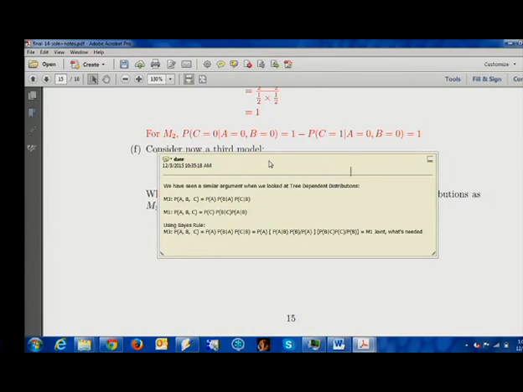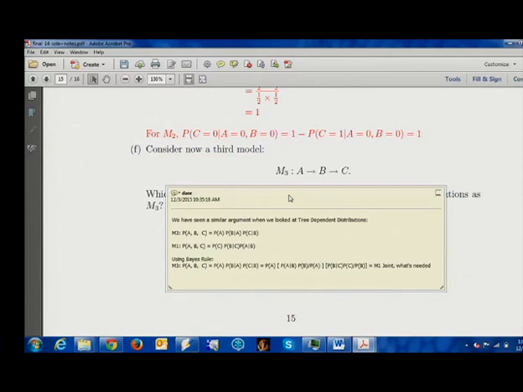So M3, let's just move this so you see M3. Yeah, now you can see M3.